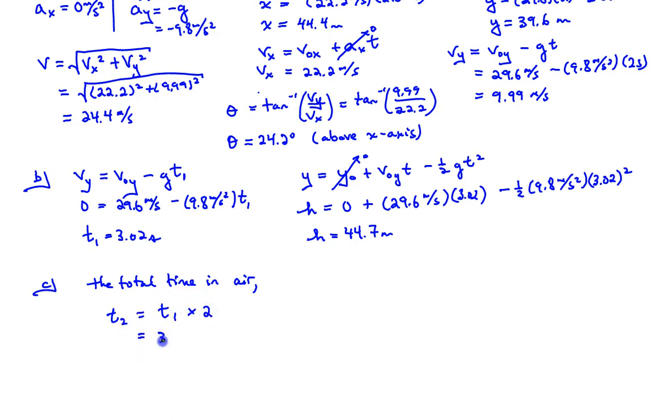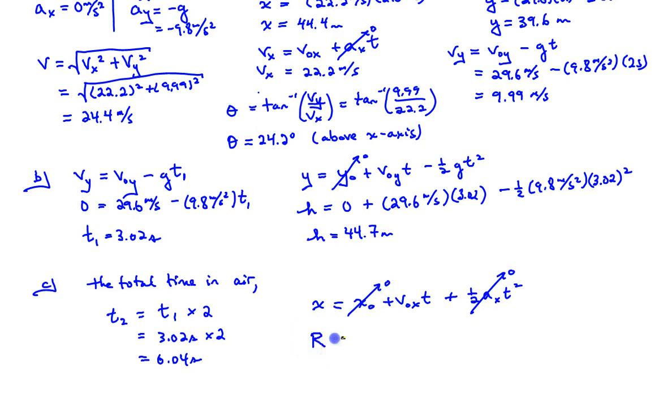So that's 3.02 seconds times 2, which gives you 6.04 seconds. Now we're going to use that to find the horizontal distance. x equals x sub 0 plus v sub 0x t plus 1/2 a_x t squared. There is no horizontal acceleration, so that term disappears, and there's no horizontal initial position, so that disappears as well.